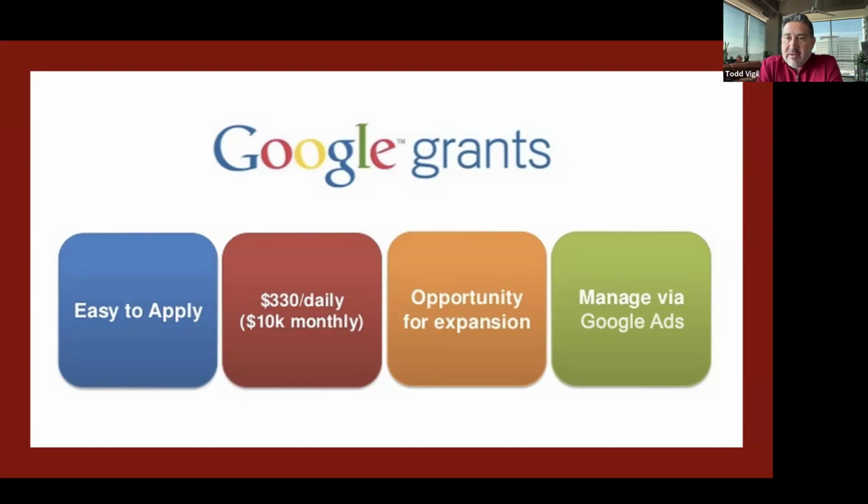But the Google Grant, for those of you on the fundraising side, is the easiest grant you will ever apply for. It is a very simple application process, which I'm going to point you to in a minute. It breaks down to roughly $330 a day in free advertising. There's no actual cash that changes hands. It is an in-kind donation, and it can be booked as in-kind.